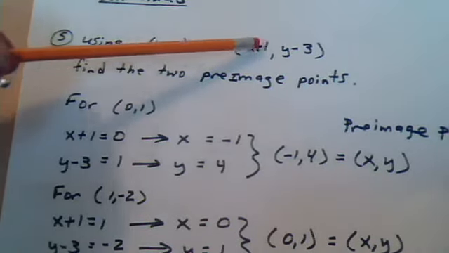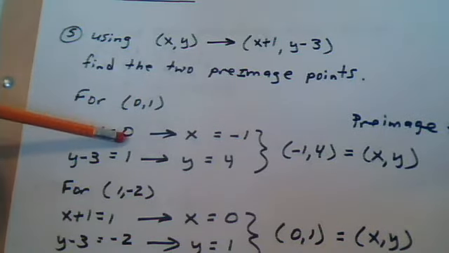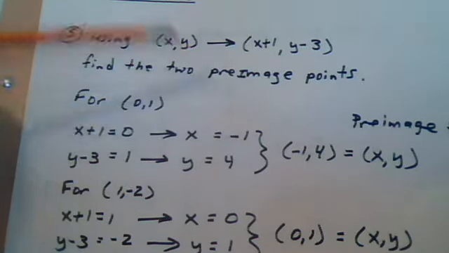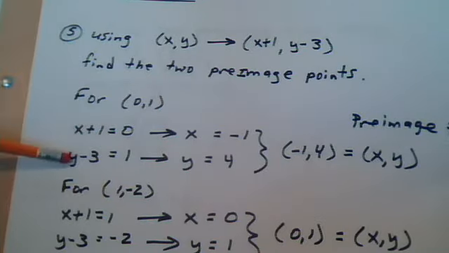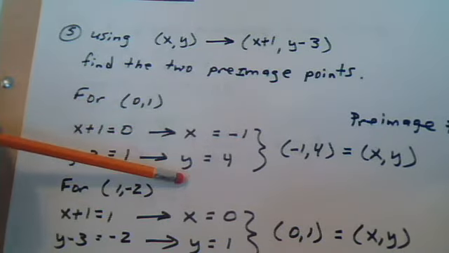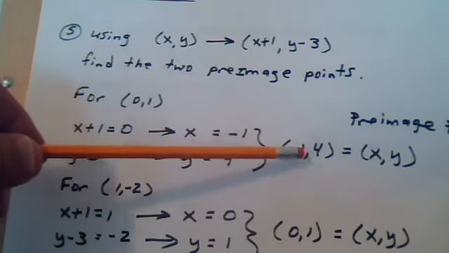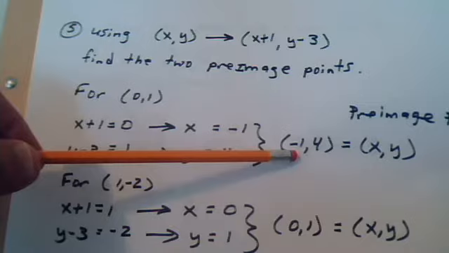Set it equal to 0 and solve for the x. y minus 3 should be the y coordinate. Solve for the y. Now that you have the x and the y all by themselves, these two will form the pre-image point. This is one of the pre-image points.